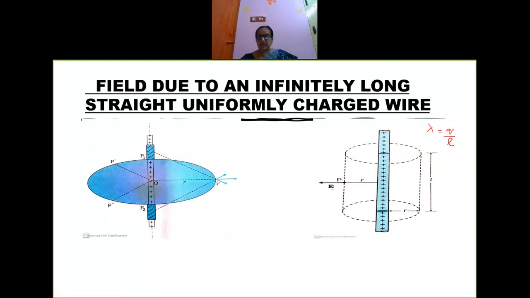Let me write the first part as S1, here S2, and here S3. In these three parts, we need to determine the flux, and the total flux will be the sum of the fluxes of these individual parts.